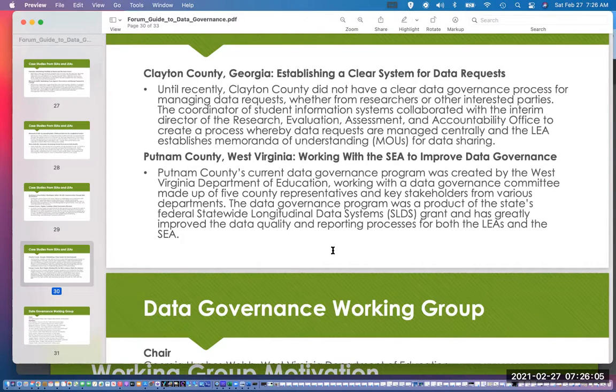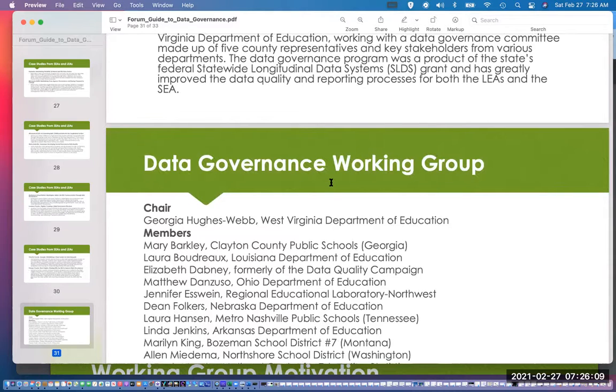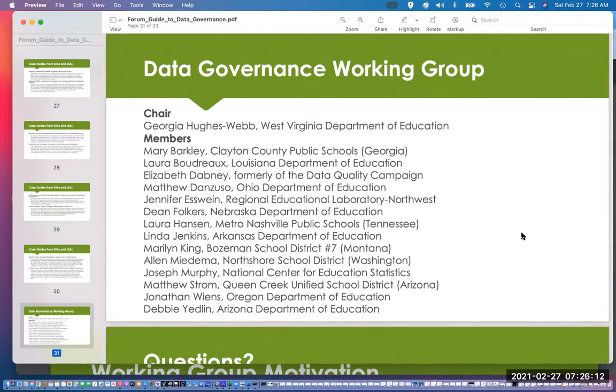Members: Mary Barkley, Clayton County Public Schools, Georgia; Laura Boudreau, Louisiana Department of Education; Elizabeth Dabney, formerly of the Data Quality Campaign; Matthew Danzuso, Ohio Department of Education; Jennifer Eswine, Regional Educational Laboratory Northwest; Dean Folkers, Nebraska Department of Education; Laura Hansen, Metro Nashville Public Schools, Tennessee; Linda Jenkins, Arkansas Department of Education; Marilyn King, Bozeman School District No. 7, Montana; Alan Miedema, North Shore School District, Washington; Joseph Murphy, National Center for Education Statistics; Matthew Strom, Queen Creek Unified School District, Arizona; Jonathan Weens, Oregon Department of Education; Debbie Yedlin, Arizona Department of Education.